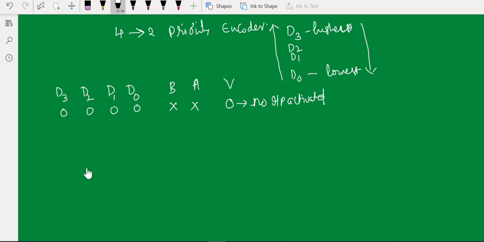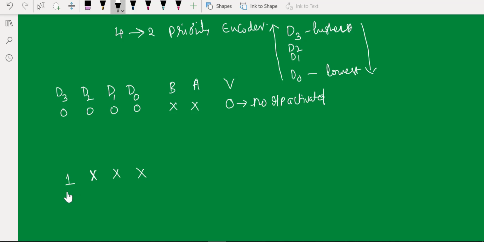Now I'm going to first start with D3. Suppose D3 is pressed, that means D3 has the highest priority. When D3 is pressed, it doesn't care whether other inputs are pressed or not. Suppose D3 and D2 are pressed, I'm supposed to get D3 as my output. If D3 and D1 are pressed, I'm supposed to get D3 output. Similarly, if I press D3 and D0, I'm supposed to get D3 output.